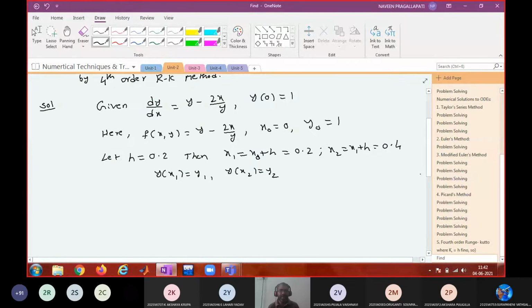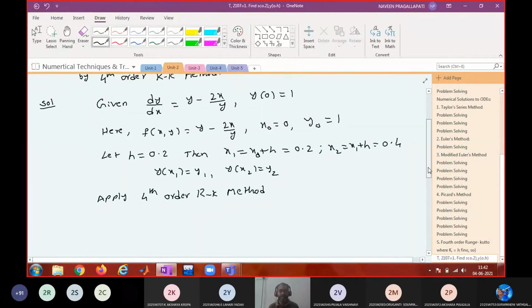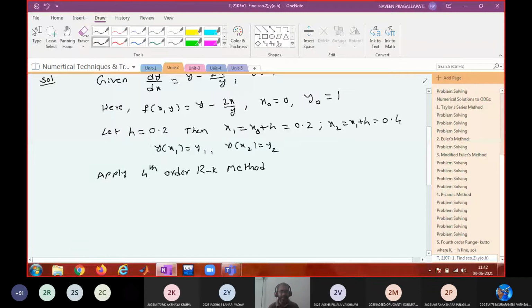So apply the fourth order RK method. First write down the formula for y1. y1 is equal to y naught plus 1 by 6 times k1 plus 2k2 plus 2k3 plus k4.